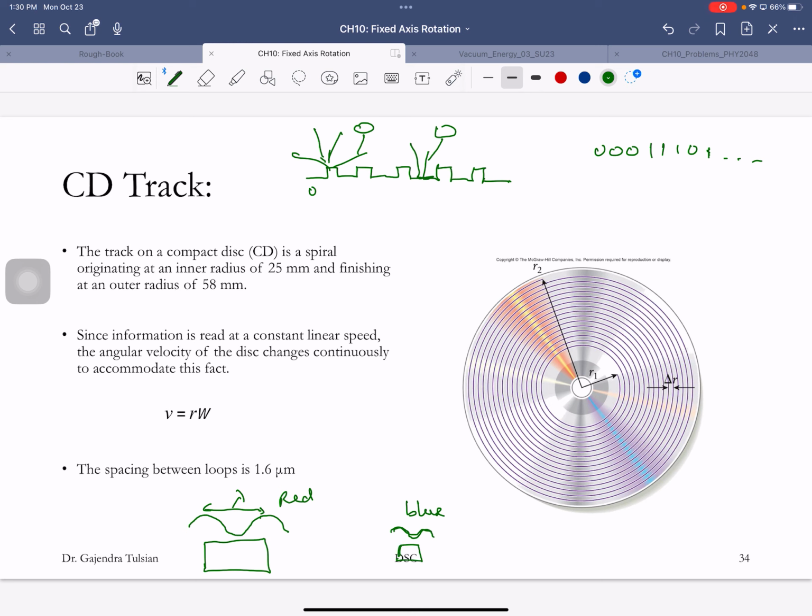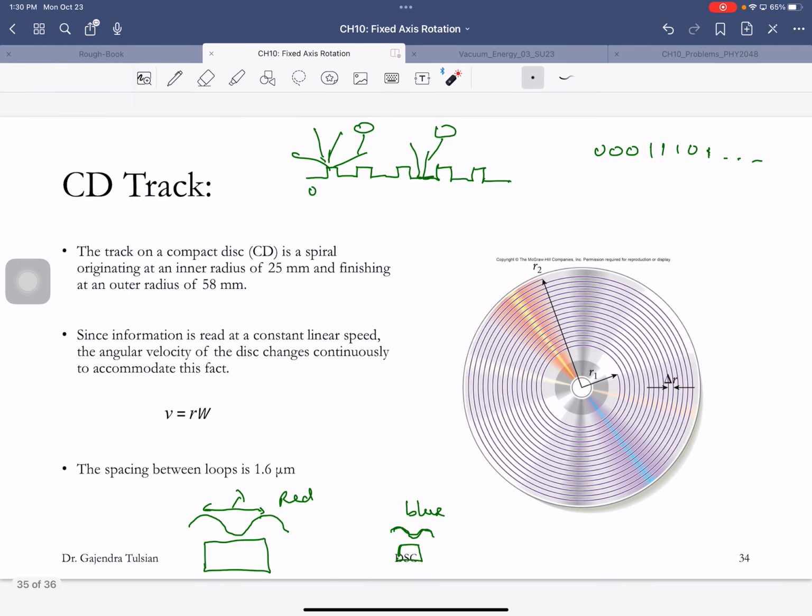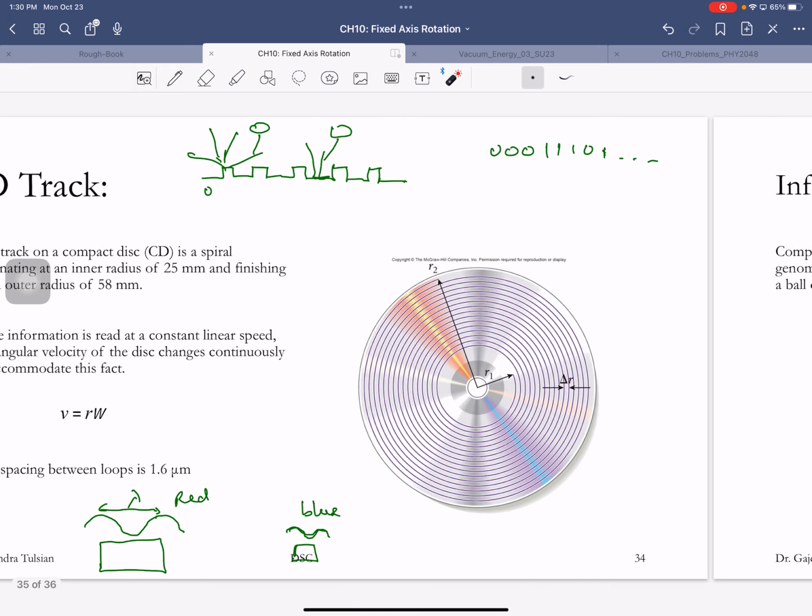What's the advantage? You can store more information. You can put these lines closer, and you can put these bumps closer. So this was regular CDs, this is the Blu-rays, and so on. Right.